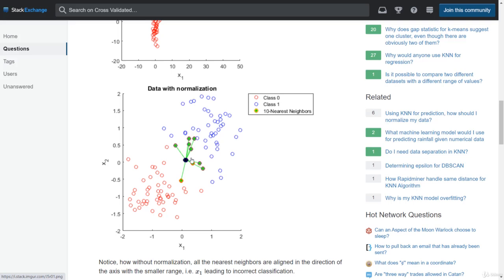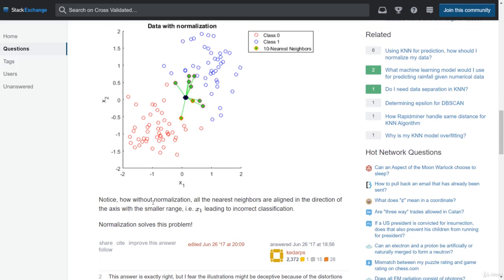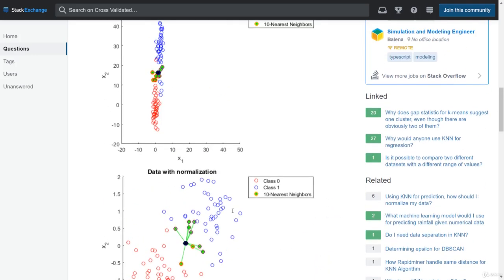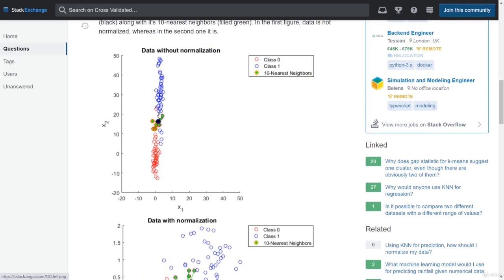So this is data without normalization, and this is data with normalization. Okay, so as you can see, notice how without normalization all the nearest neighbors are aligned in the direction of the axis with the smaller range, leading to incorrect classification. So if we look here, you will see that we have two features, right?